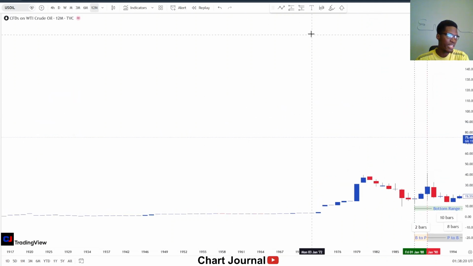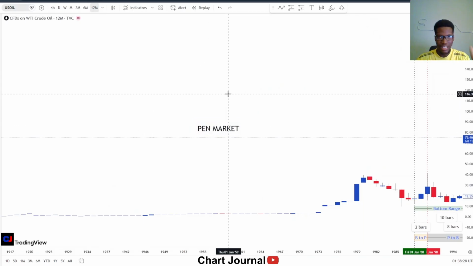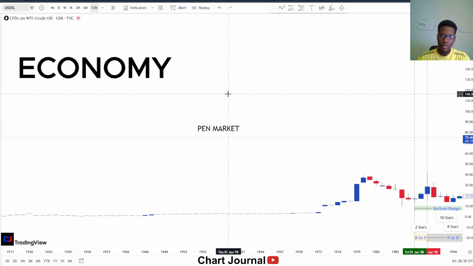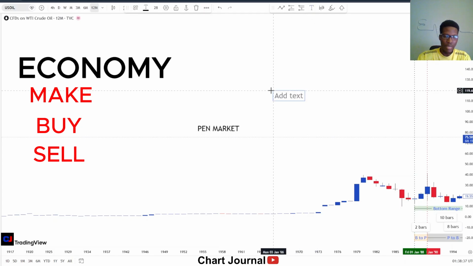So let's say our good here is our pen. So we have our pen markets. So this is our pen market, and I said an economy simply is where people make, buy, and sell goods and services. So we need these three. First, we need to make goods. Second, we need to buy goods.